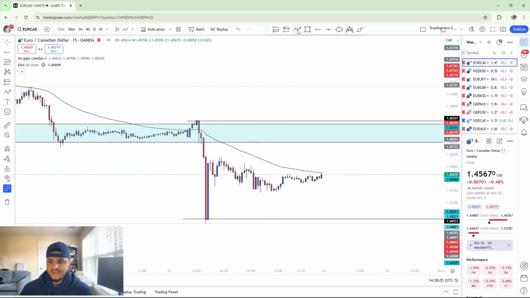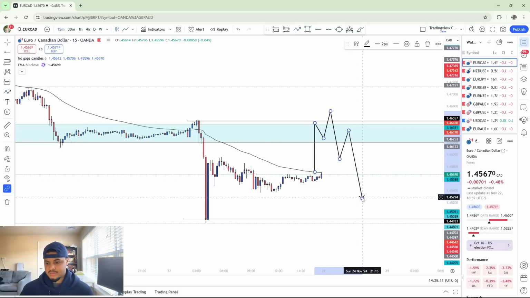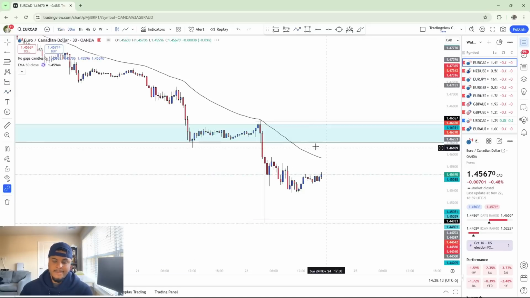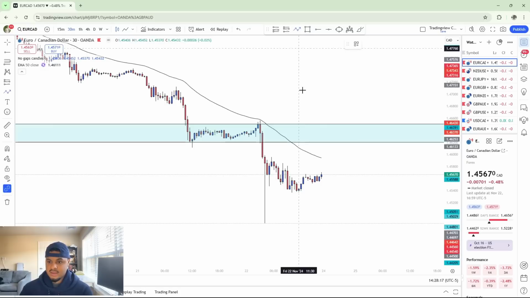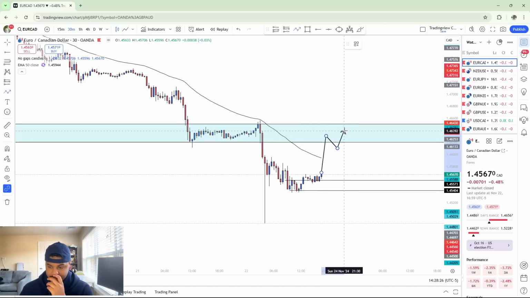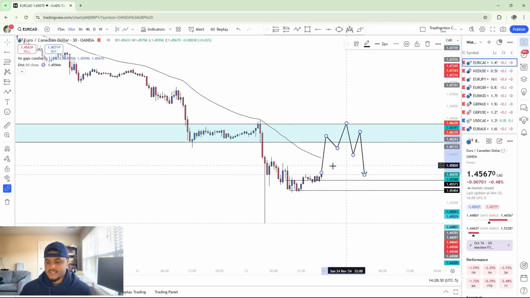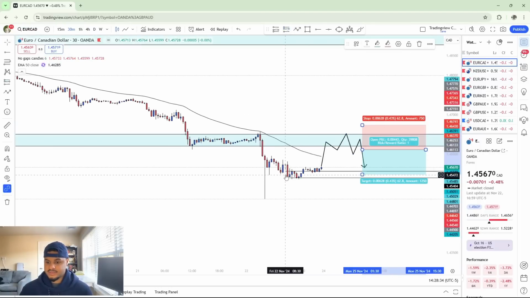So if we waited for the 15, price would have to break above here, then come all the way back down, shift the structure to the downside, or we could just take it on the 30 because we see that the 30 is already bullish. Coming into the zone. So I'll personally be looking for the 30-minute to give us that shift the structure, engulfing, enter down here.